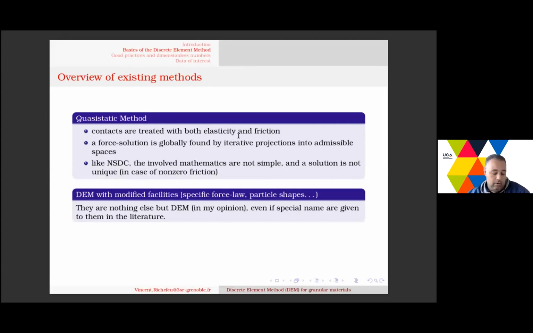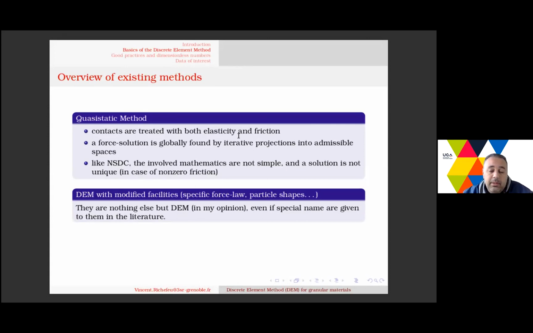Okay, one more approach, the quasi-static method. Actually, I know only one person who deals with this method. This is Jean-Noël Roux. I don't know if he talked about this, but here the idea, compared to non-smooth contact dynamics, is to use the elasticity of the contact.